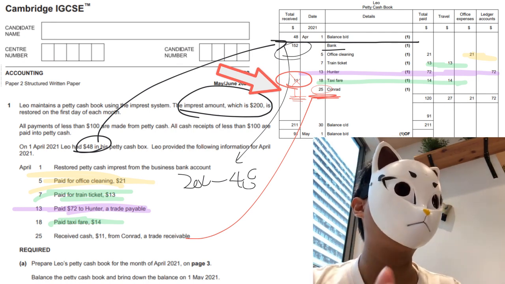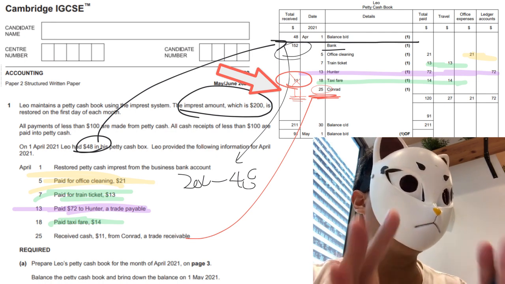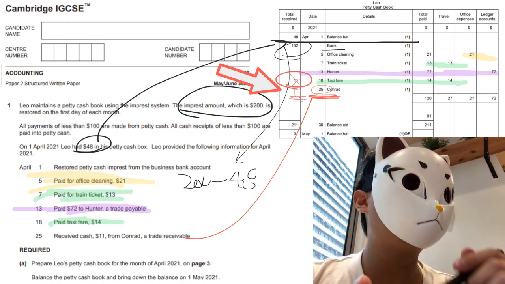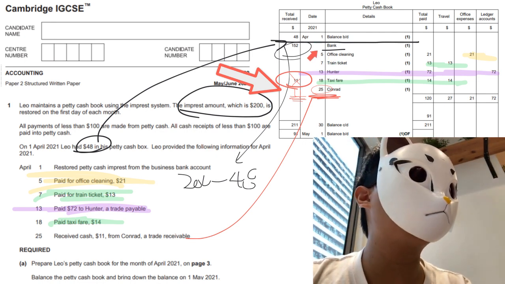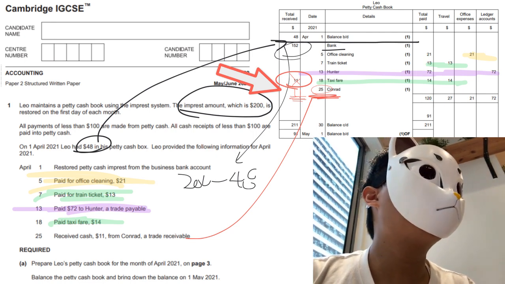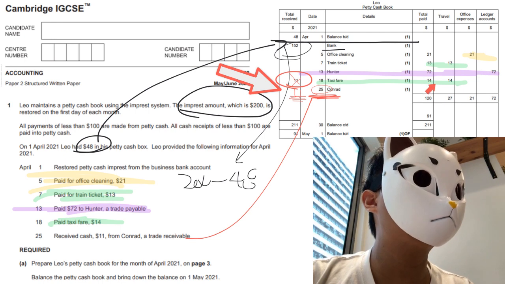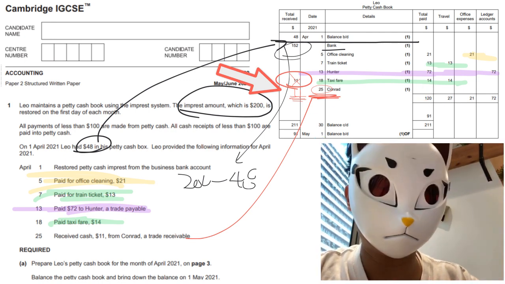And then next, it's not the end, because you have to figure it out. After 200, minus all the total paid amount of 120, then add the $11.